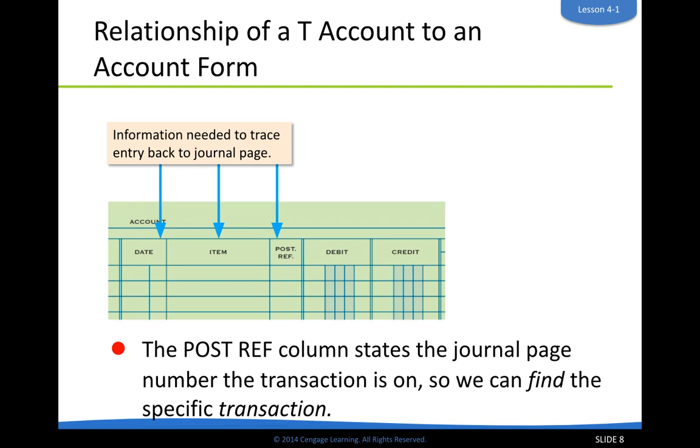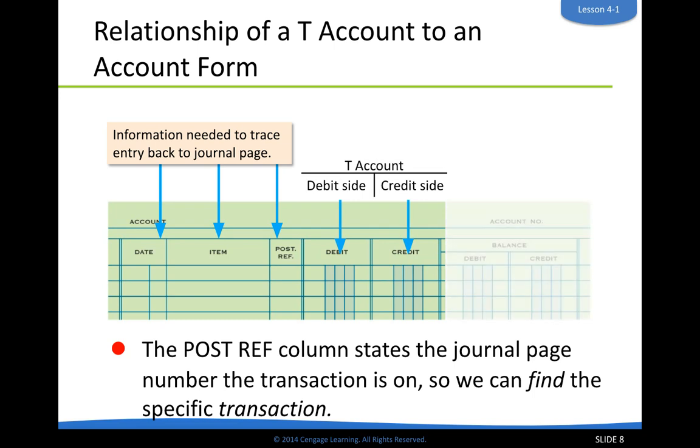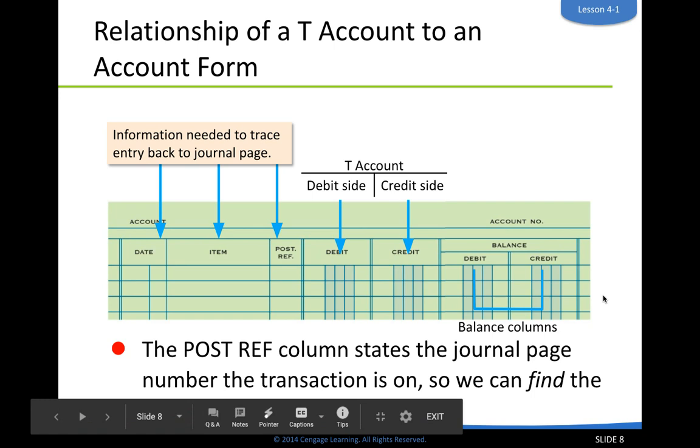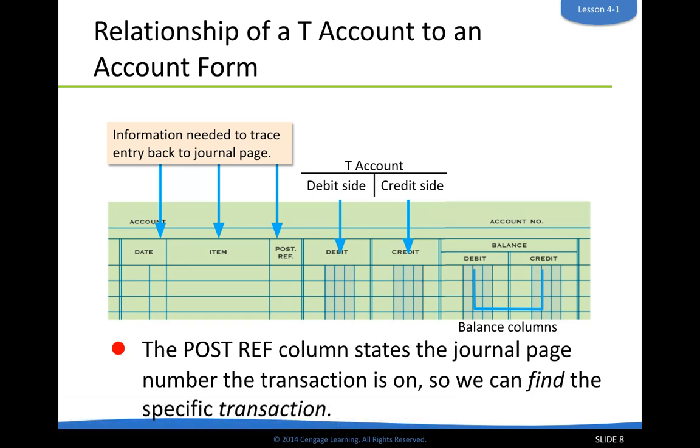So post-reference is always going to have a number that is the page number that the entry came from. Notice we have debit and credit on the left and the right side, like always. And then most importantly, we have our balance here. Our balance columns are the main reason that we have this account form, to determine what our running balance is for each account.